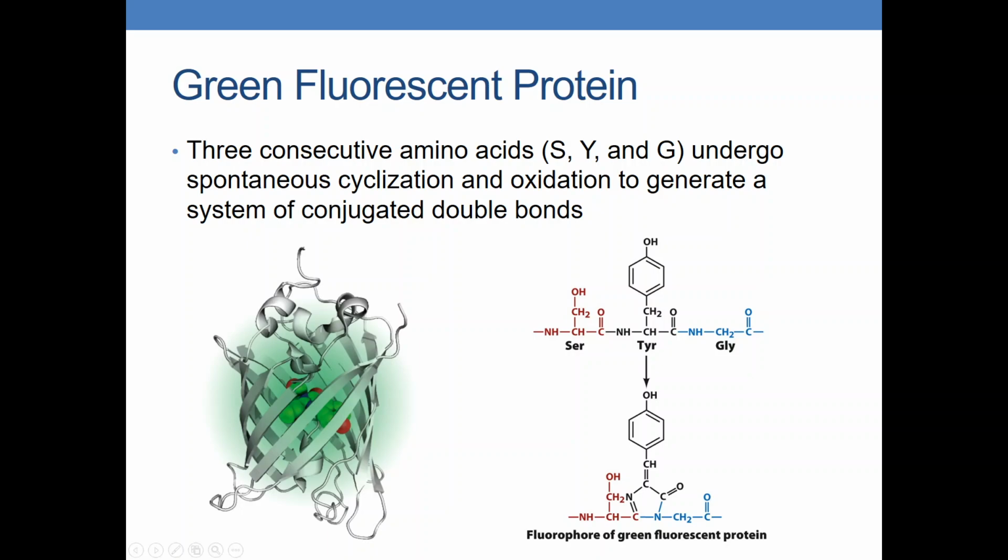And you can actually tune the color of your fluorescent protein too. If you swap out serine for something else, or tyrosine for another amino acid, or even the glycine, what you wind up doing is altering the system of conjugated double bonds there. By altering the system of conjugation, you alter the photophysical properties of the protein.